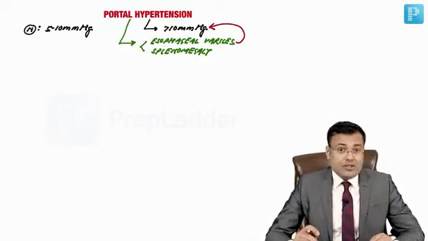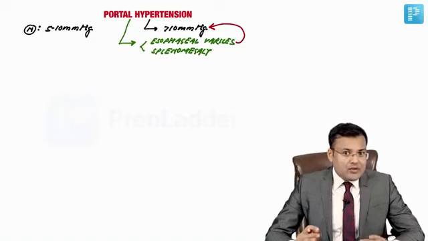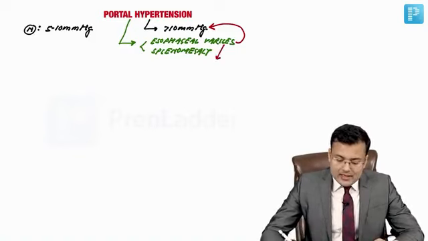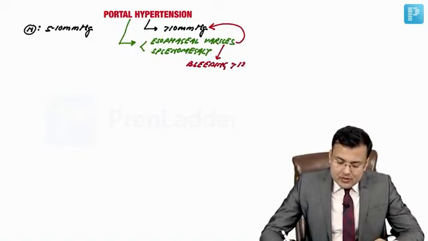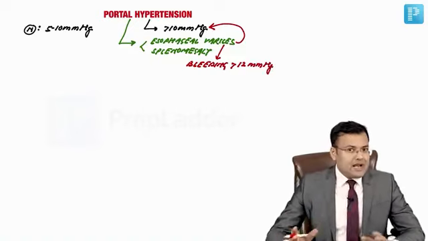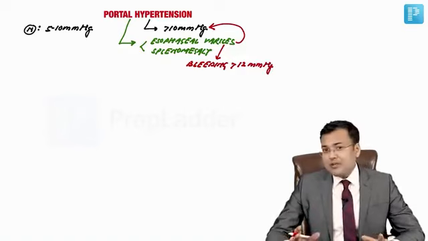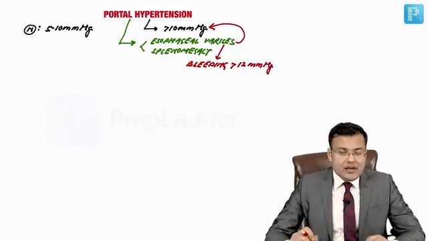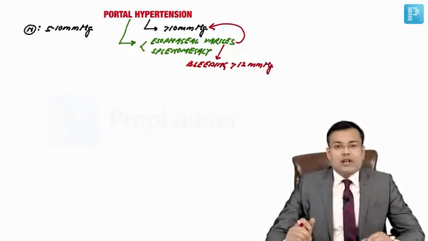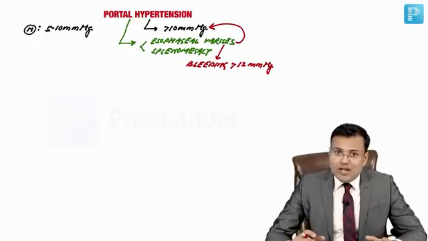Whenever the pressure is more than 10 mmHg. And esophageal variceal bleeding occurs at what pressure? Whenever the pressure is more than 12 mmHg.